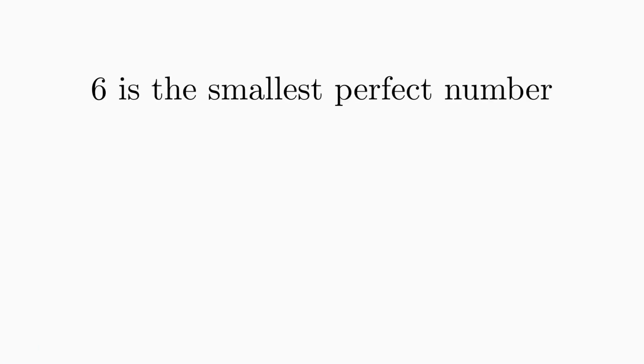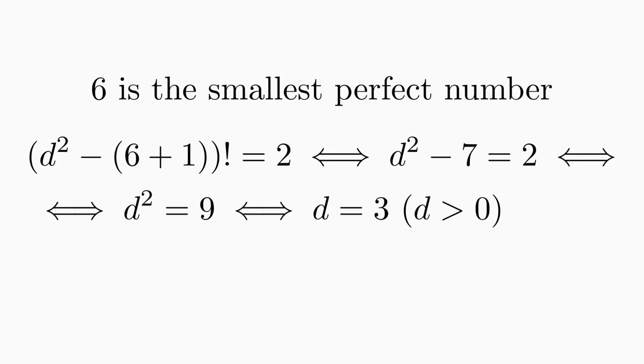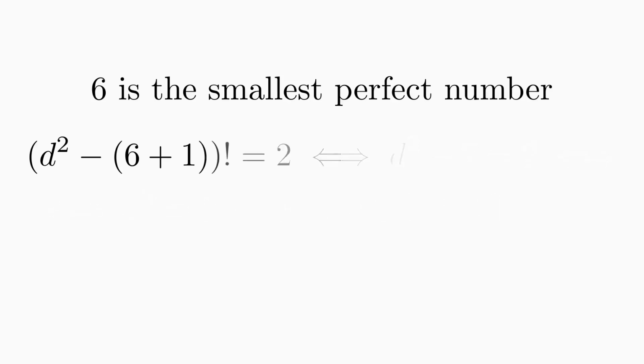Knowing that 6 is the smallest perfect number, we can solve for the number of dimensions and we get that the answer is 3. This means that force is also a 3D vector and charge is an n-dimensional vector, where n is the number of different charge types.